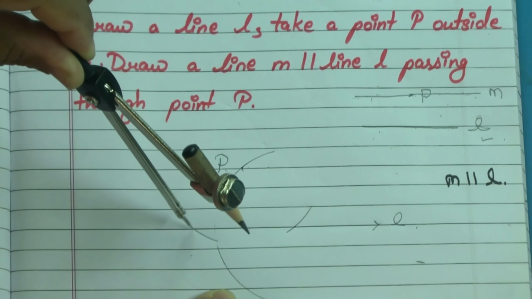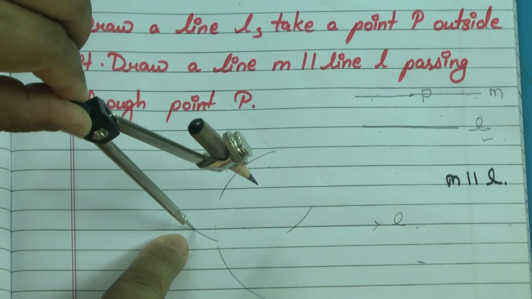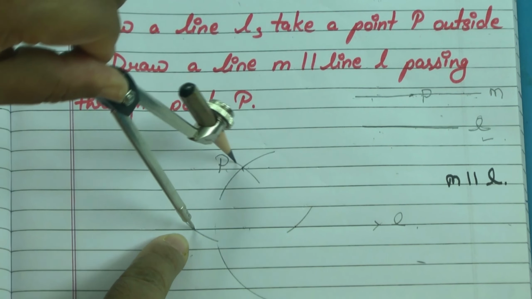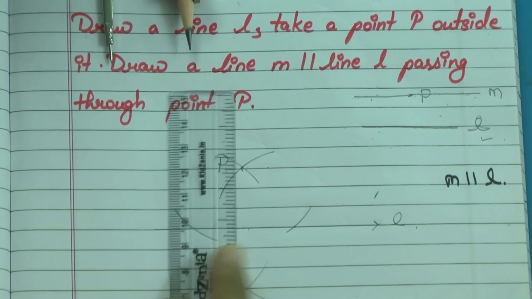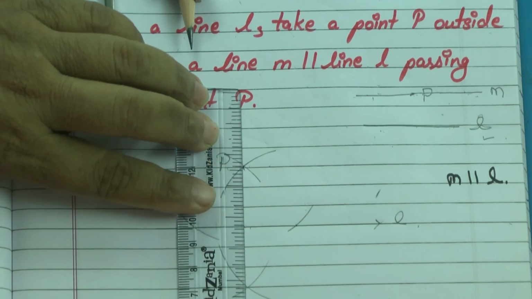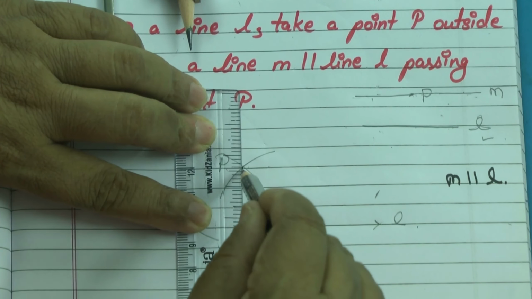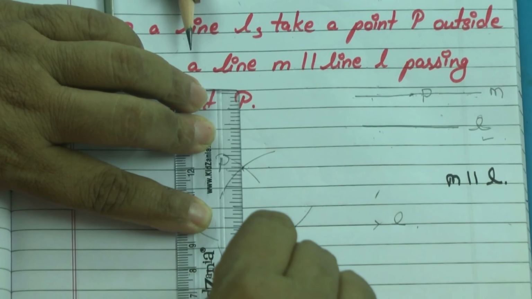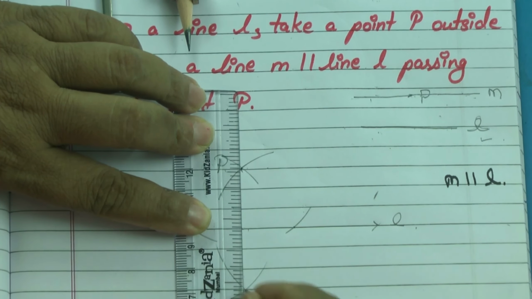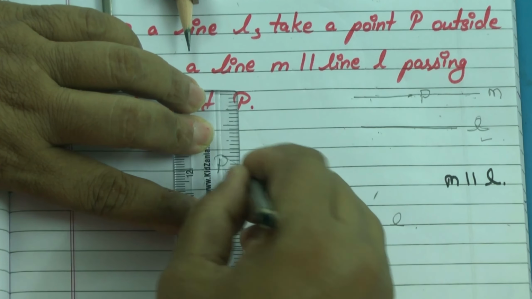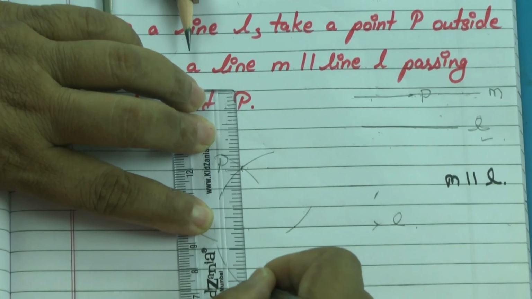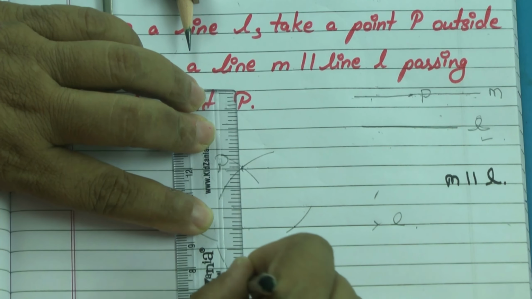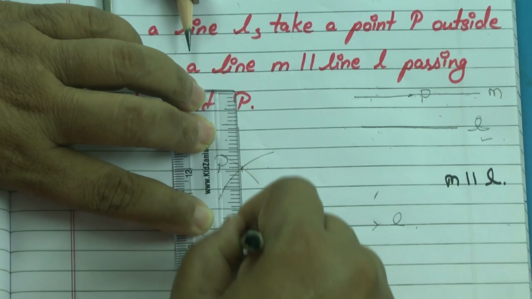Now keep the pointer on the other point and give one arc above and give one arc below. And this will be, of course you know it, a perpendicular from the point P on the line L. I'll join it.